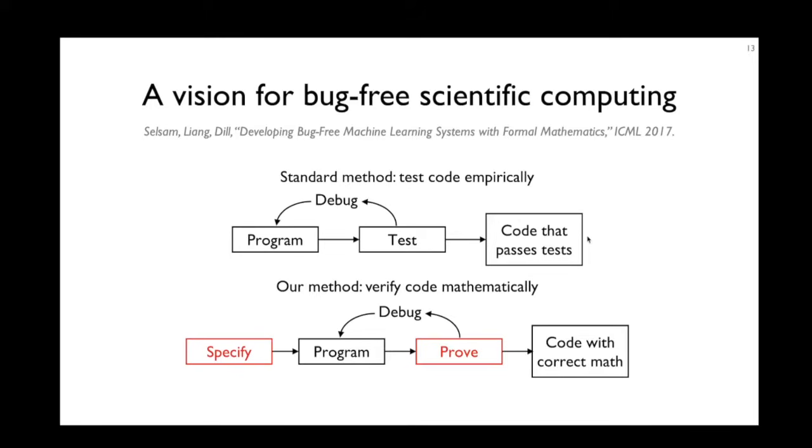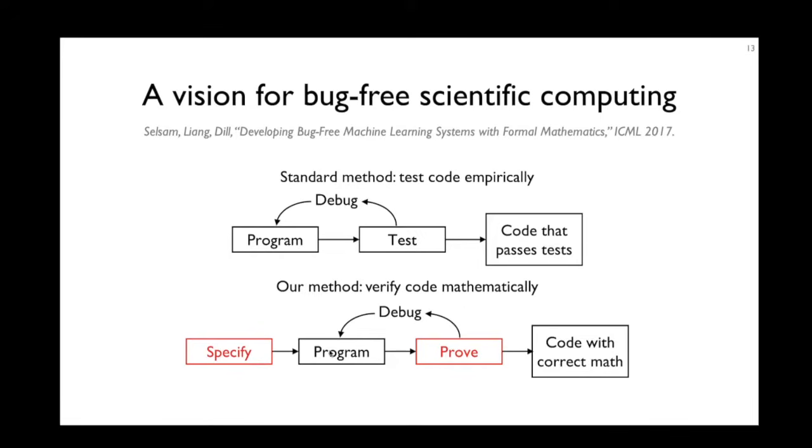But ultimately, this only guarantees that code is passing the tests that you've defined. And there's a different way that this can be done, and the idea is to verify code mathematically. Here you specify at a high level what the code should do. Technically, this is a step specifying a theorem statement about your program.